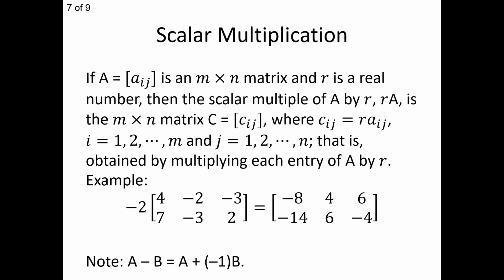What this also means is we can understand matrix subtraction as well. Matrix subtraction is really just the addition of a -1 scalar being multiplied to some matrix. So A minus B down below, the difference of A and B, is really equal to A plus the scalar -1 times B. So we would distribute that -1 through each of the elements of B and then add that to A. And that's, of course, assuming that A and B are the same size.